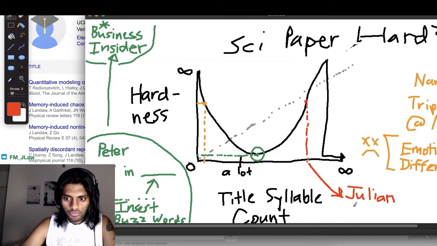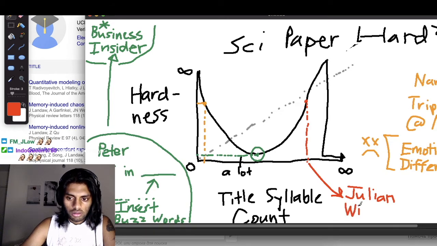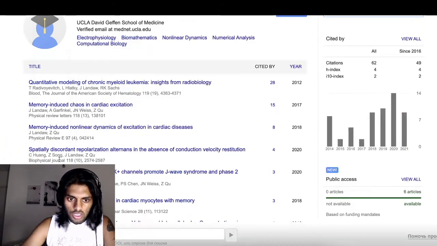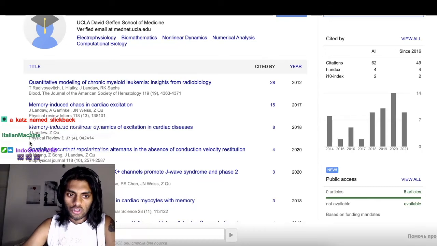Now, when you read that, you go to Wikipedia. And every single word in this, even if you think you know what spatially discordant repolarization alternans is, you break it down.